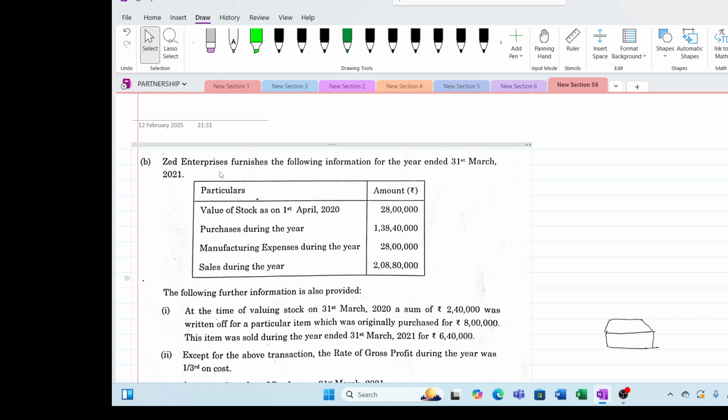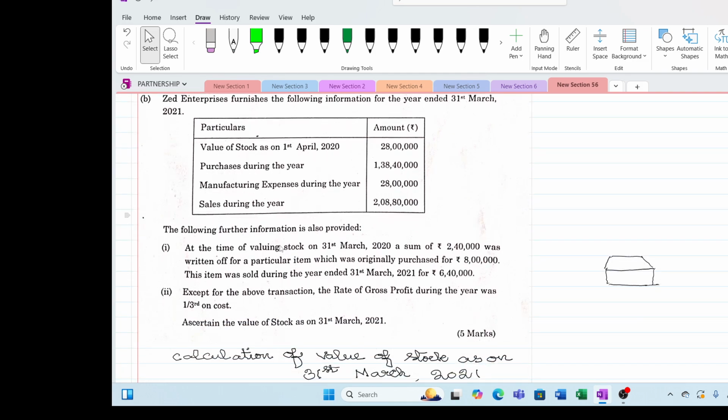So they have given Z Enterprises furnishes the following information. They gave you the opening stock on 1 April 2020 and then the purchases and manufacturing expenses and sales during the year. They have given further information at the time of valuing on 31st March.